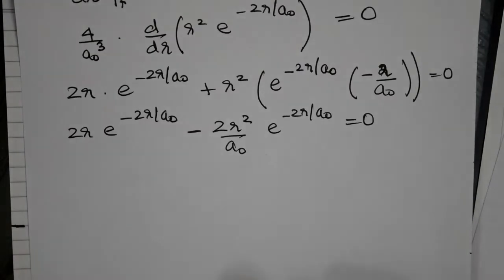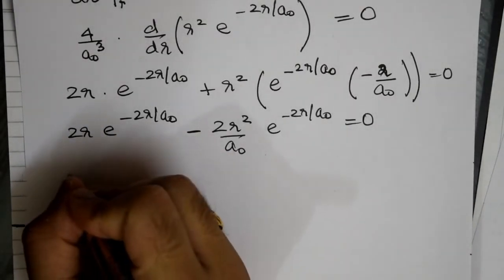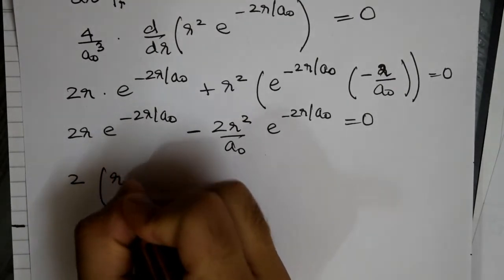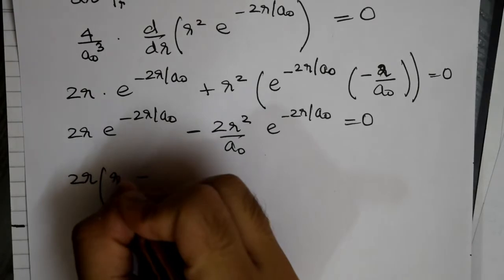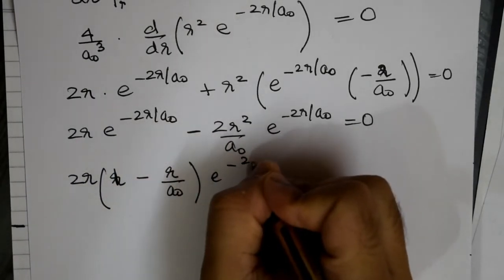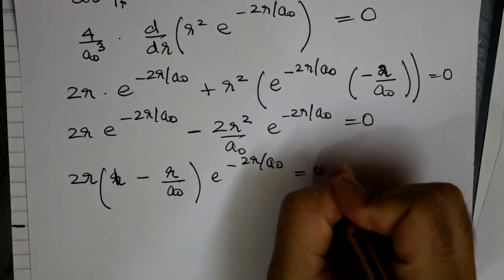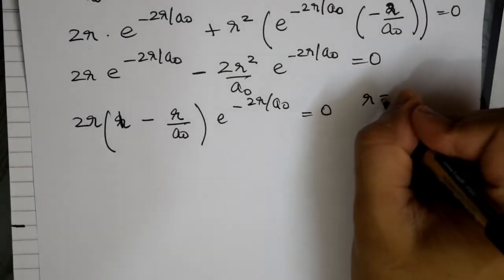This is quite interesting because we can factor a few things out. You can take the 2 out, actually you can take an r also out, 1 minus r by a naught e power minus 2r by a naught equal to 0. So when this happens, you are able to see r equal to 0 as a solution.